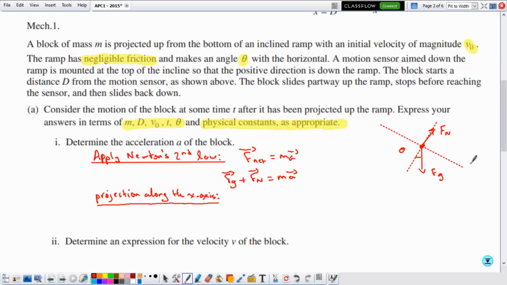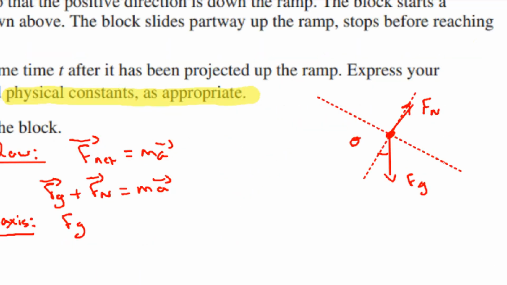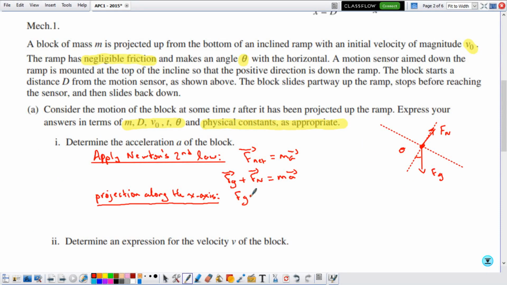The pull of gravity, because it's pointing in the positive direction, which is down, that would be Fg, given by cosine theta and sine theta, plus 0, since the normal push has no projection along the x-axis, equals m a. So m g sine theta would be equal to m a. Now m cancels with m, and indeed we have that the acceleration is given by g sine theta.